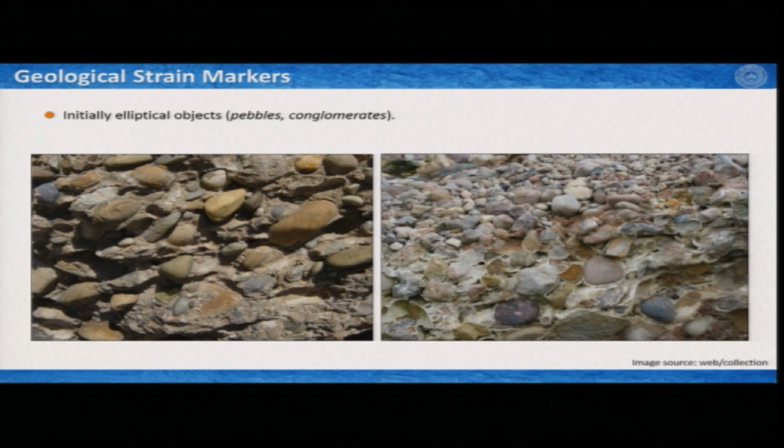You know what a conglomerate is: pebbles embedded or hosted in a fine grained matrix. At least in this image these are not necessarily of equal shape and geometry, but statistically if you consider say 10, 15, 20, 30, 50 of such pebbles, and if these are deformed, you can get an estimate of the strain of these deformed rocks.